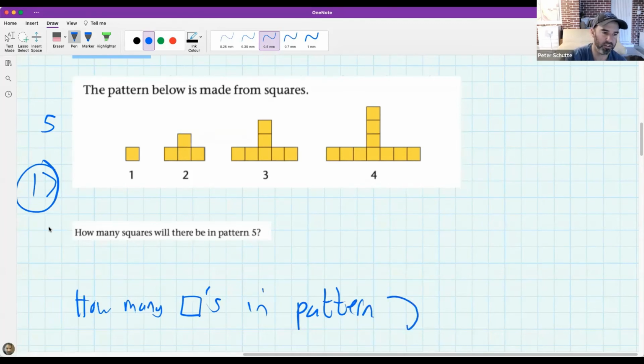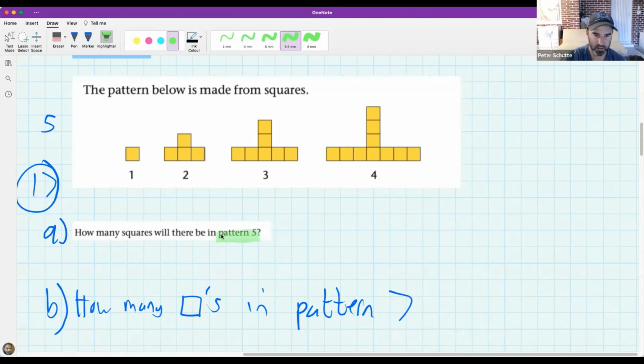So I'm going to call this A, and I'm going to call this B. How many squares in pattern 7? Okay, so there's 2 questions here. First one is pattern 5, the second one is pattern 7. And that's A and B. And I want to see if you can do that.